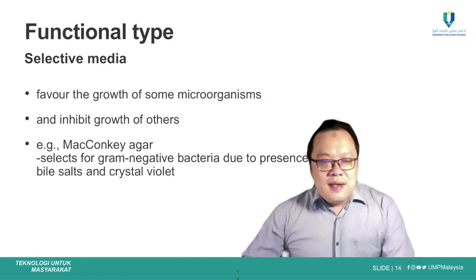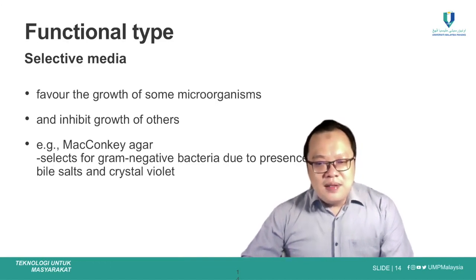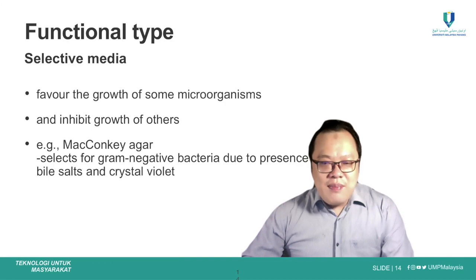Next is the selective media that microbiologists use to favor the growth of some bacteria or fungi and inhibit the growth of other bacteria or fungi. An example of this type of selective media is the MacConkey agar.